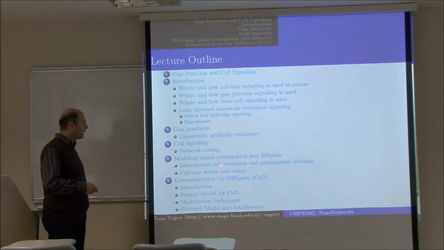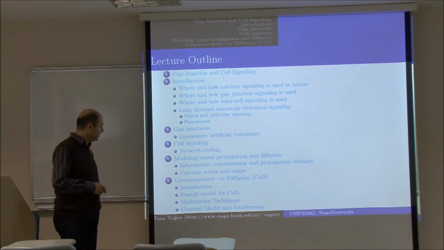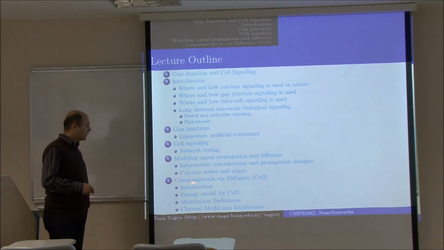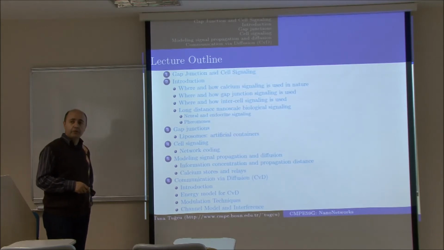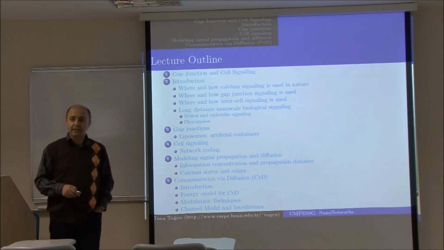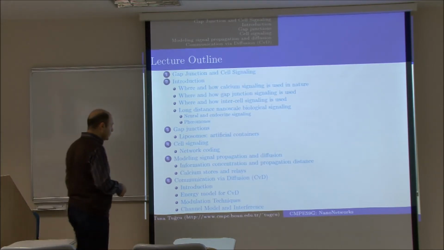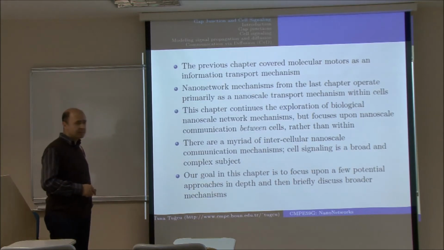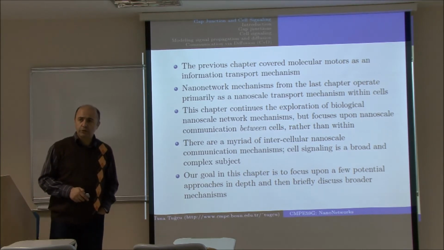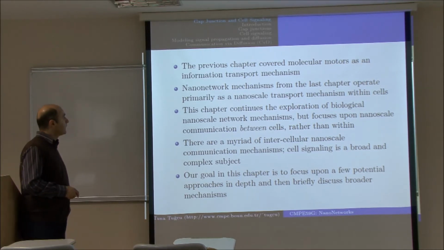We'll talk about modeling signal propagation and diffusion. And finally, we'll talk about a different way of communication between the cells, this time communication via diffusion. And that will conclude the chapter. It will probably take us about 2 weeks to finish this chapter.